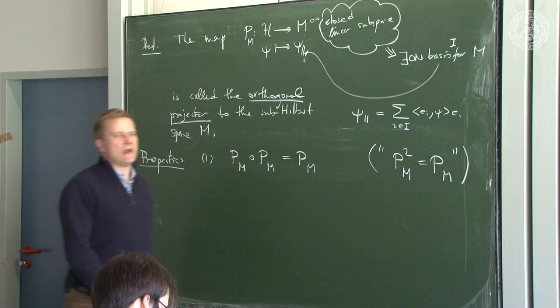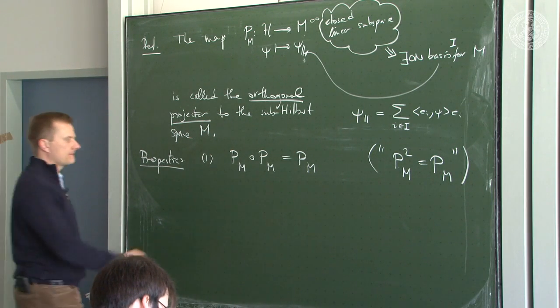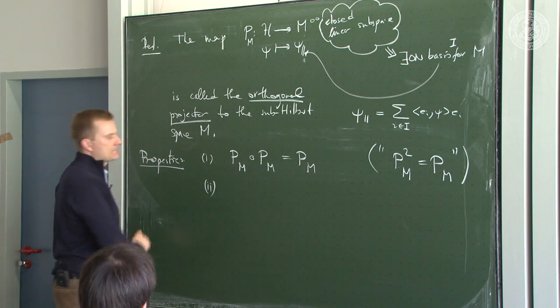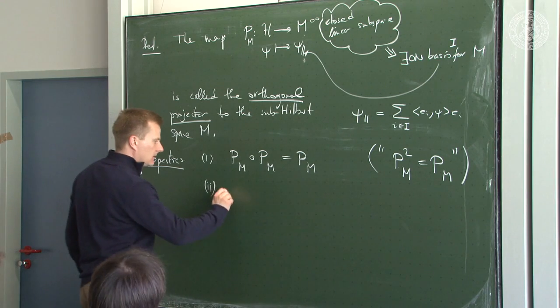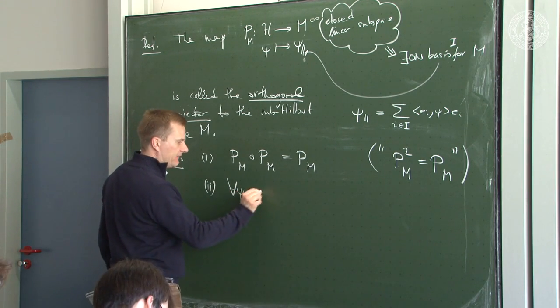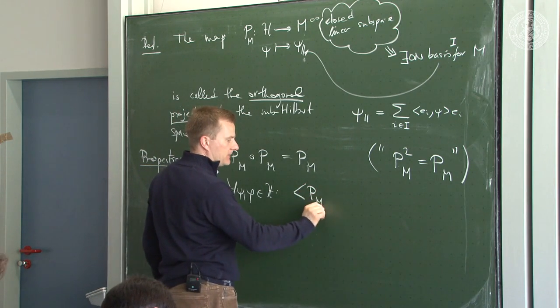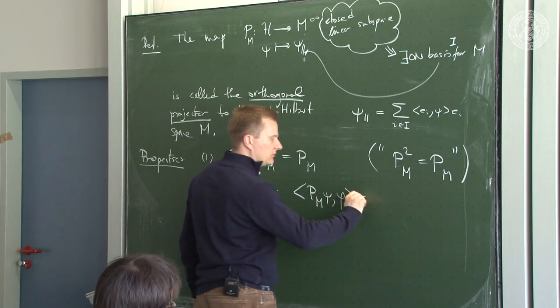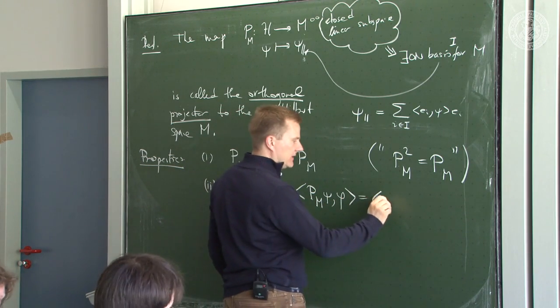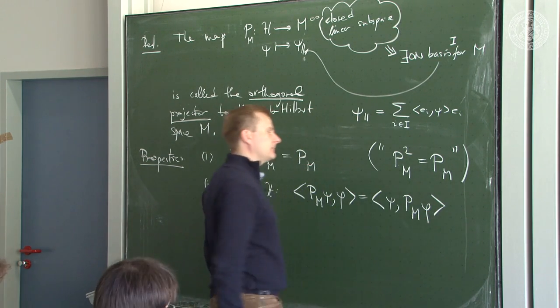Of course, the square is here the square with respect to composition. The second property of this map is that for all psi and phi in the Hilbert space, the inner product of Pm acting on psi with phi, you can actually take the Pm over here, is psi Pm phi.